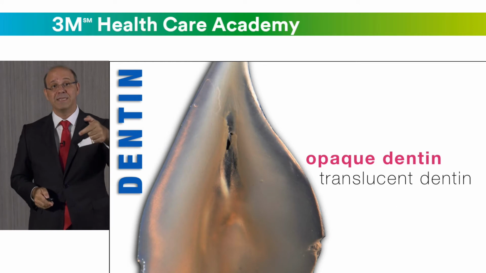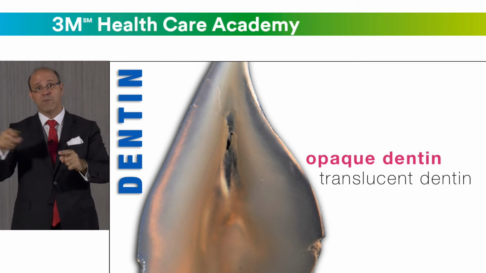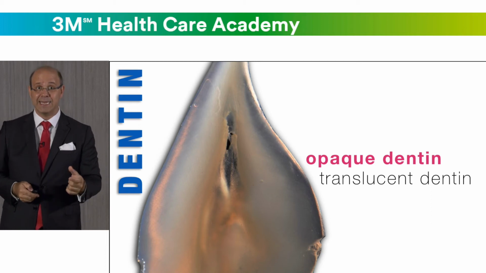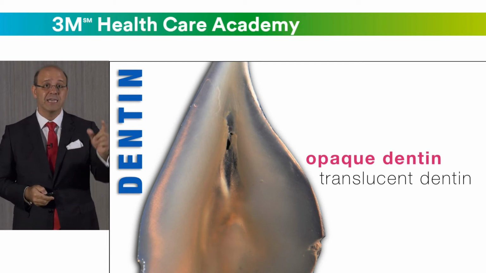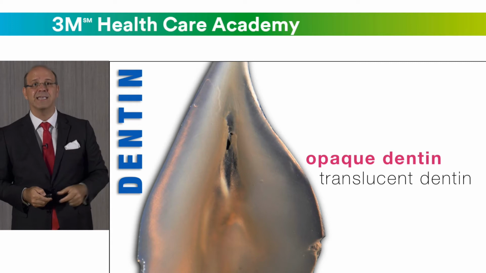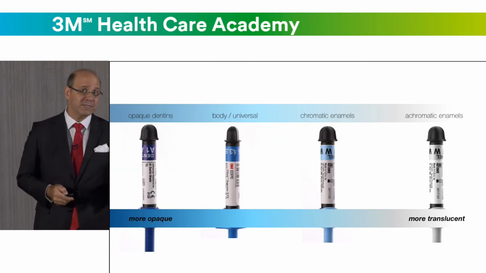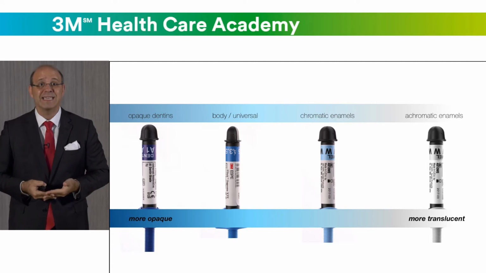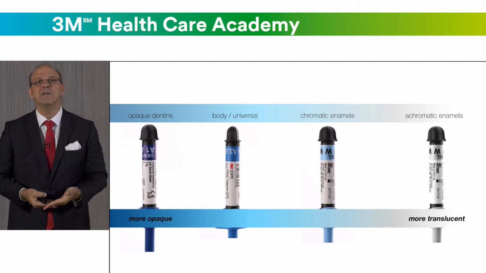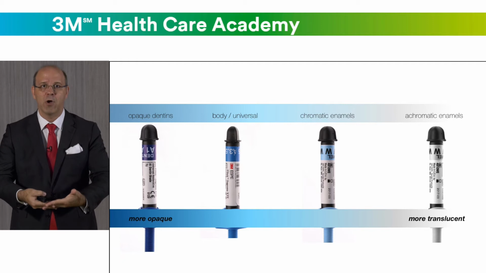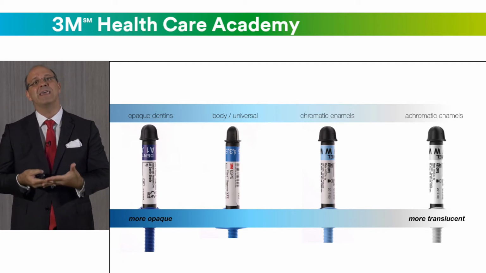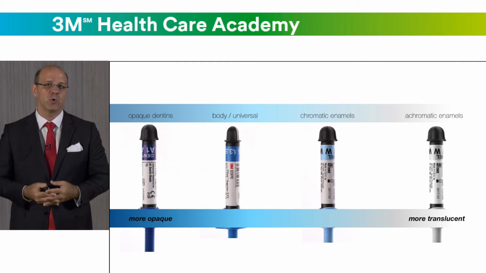That's why the workflow, when we work with the multi-layering technique for composite resin application, tries to mimic exactly these effects. So for that, we have different composite resin systems that allow us to mimic all these effects that we have inside of the natural tooth.